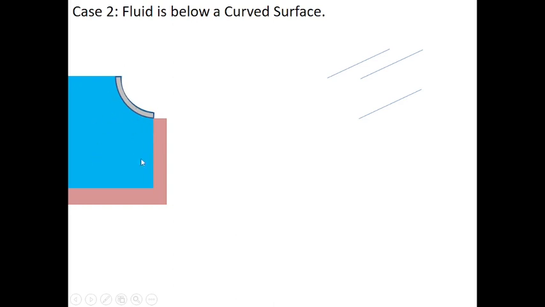So, ito yung fluid natin. This is the free liquid surface. And we consider this part also. So, this is the vertical projection of this curved surface.